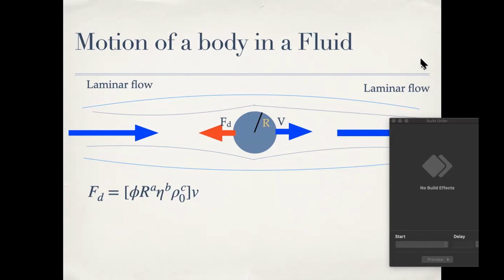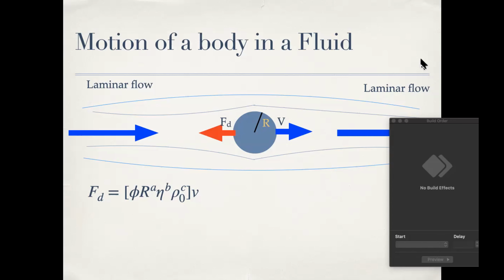Talking about the viscosity in the previous lecture, I mentioned that there is a number called the Reynolds number, which measures the ratio between the inertial and viscous forces acting on our body. What I will be discussing today is a motion of a body in a liquid when the Reynolds number is very small.